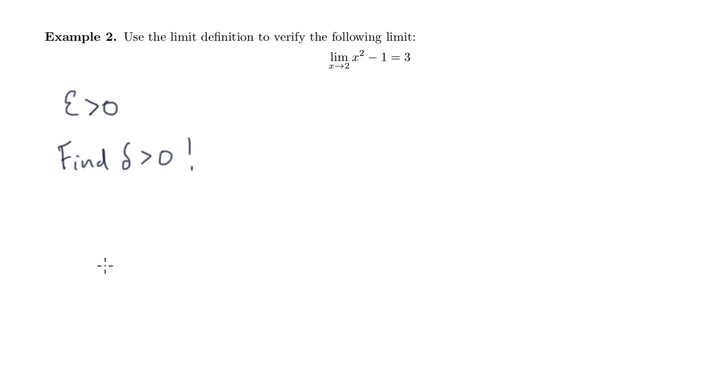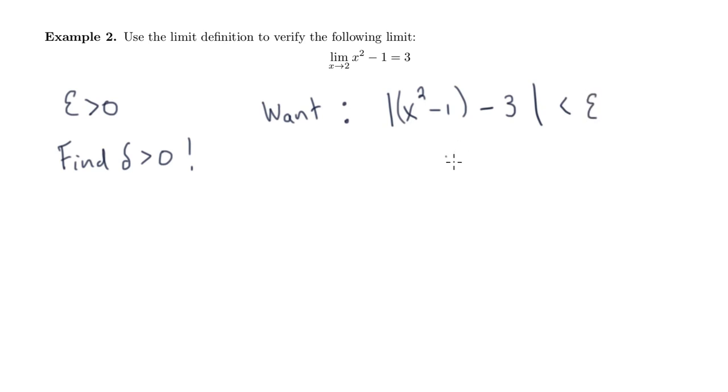So let's just work backwards, exactly like we did before. Let's just write down what we want to be true. We want, for this epsilon greater than 0, for the absolute value of x squared minus 1, so f of x, minus 3, so the distance between the function and the limit we're trying to prove, we want that distance to be less than epsilon.